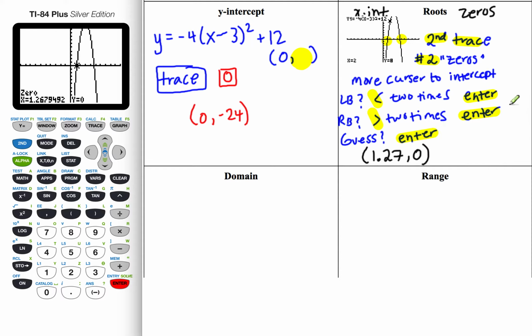So why don't you go ahead, go through this whole thing to find our other 0 or other x-intercept. We just found this one right here. We need to find the other one, and I'll quickly run through it and let's see if we come up with the same one.